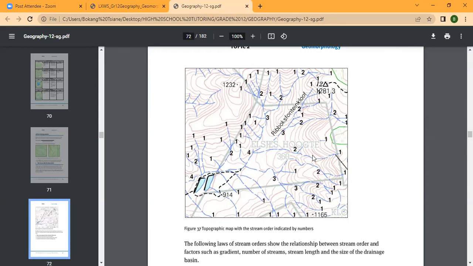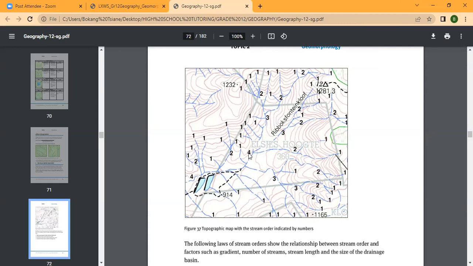So this means that the stream will start in a more steep area. The slope is steep at 1, and then the slope gets gentler from 1 to 4. So at 1, we have a steep slope. Hence, we have many ones than other numbers, because at 1 it's very steep, and then we move to 2, we move to 3, and then when we get to 4, the slope is very gentle.